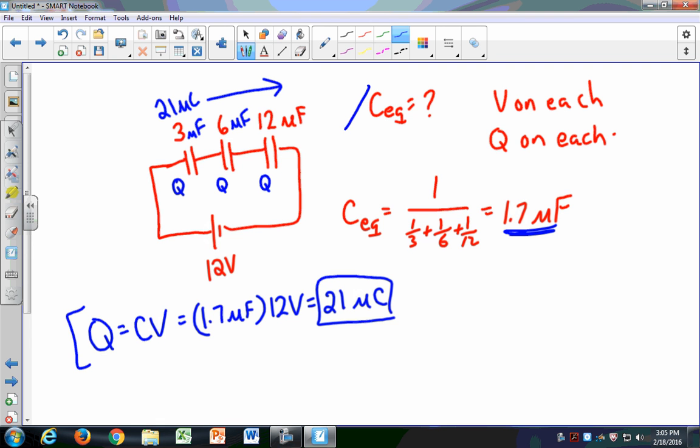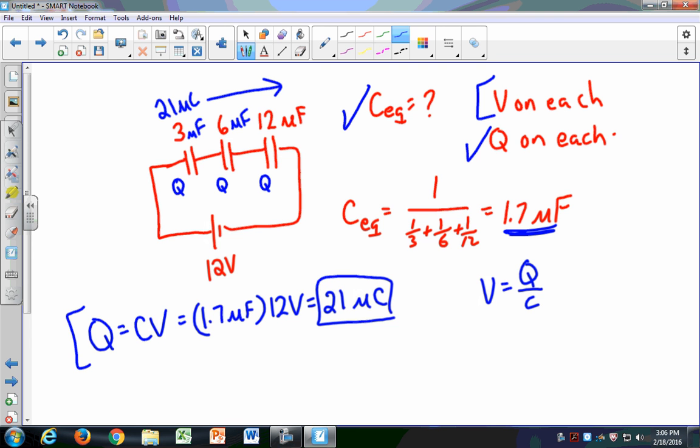So we've gotten this one, we've gotten this one, and now we need to find the voltage. Now, with capacitors, we have this relationship Q is equal to CV. So if you know 2 of those, you can find the third one. So once you get to this point, finding the voltages on each is sort of trivial. So I just say V is Q over C. And I do that for each of those.